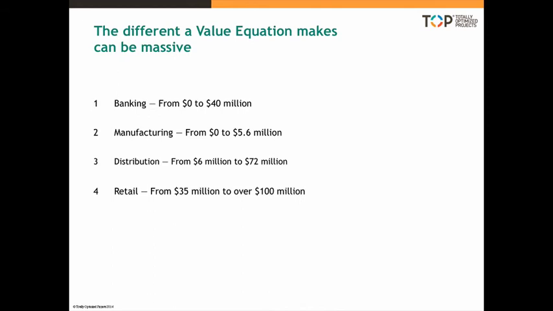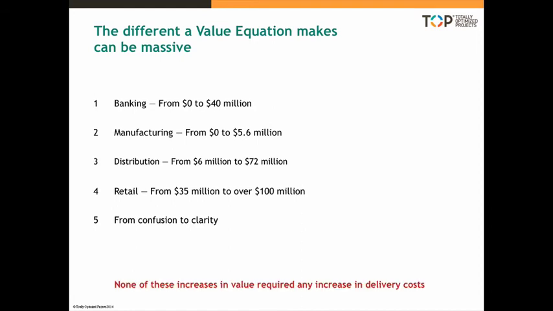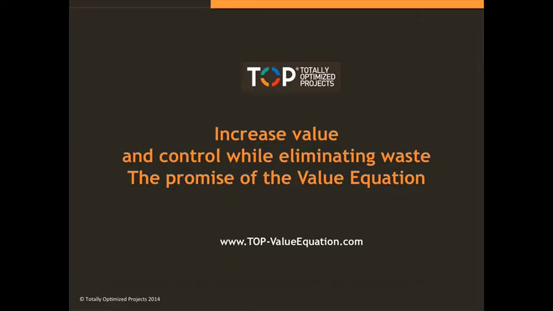Because the key thing the value equation does is move you from confusion to clarity. And none of these increases required any increase in delivery costs. These benefits were already there. They just had to be identified, pulled out, and made clear and quantified. The value equation, through its design and thorough engineered thinking, leads to improved results and increased value, as you've just seen.